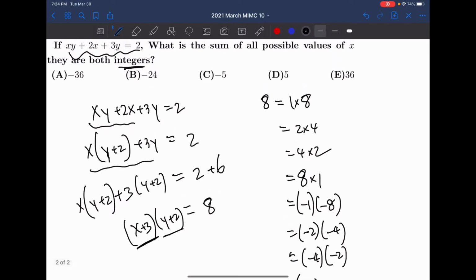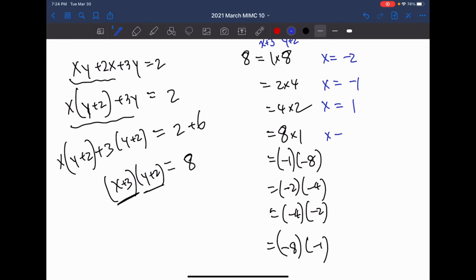And all of these can result in some x values. So let's say that this would be x plus 3 and this would be y plus 2. And now we just want the x values. So that would be negative 2, that would be negative 1, that would be positive 1, that would be 5, that would be negative 4, that would be negative 5, that would be actually negative 7, and that would be negative 11.